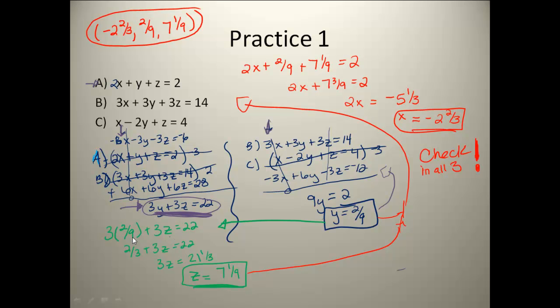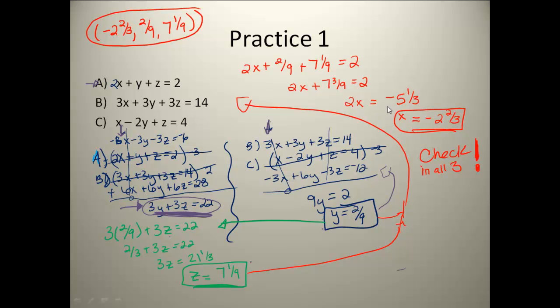So I plugged in my 2/9, went through all the algebra here and got z equal to 7 1/9. Now I have two of my variables found, so I took both of them back up here to the original and plugged them into the top equation. Went through that process to solve it for x, and I got x to be negative 2 2/3.